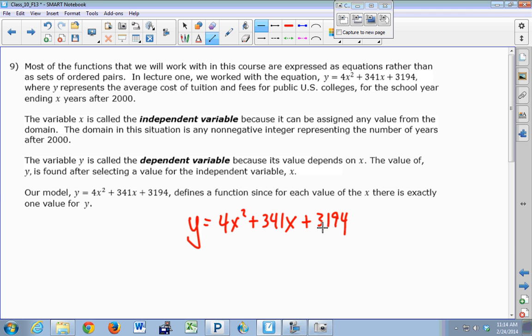If I just gave you this equation, x could be any number on the number line, from negative infinity to infinity, any real number, and then y would be the corresponding real number. But because this has a story, there's an implied domain that you have to read and think about. The value for x means it's the ending year after 2000. So recall, our data would look like this, with some cost.